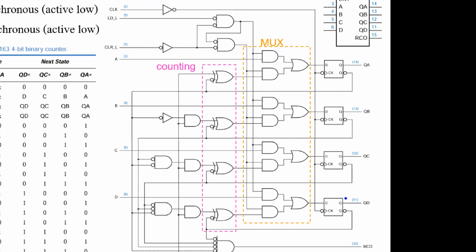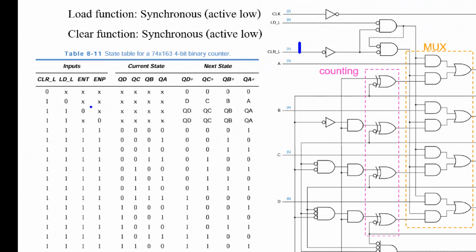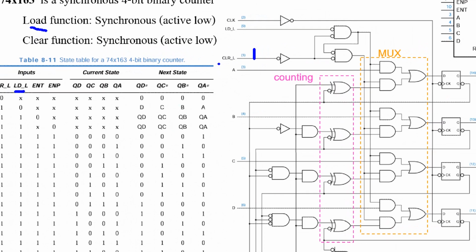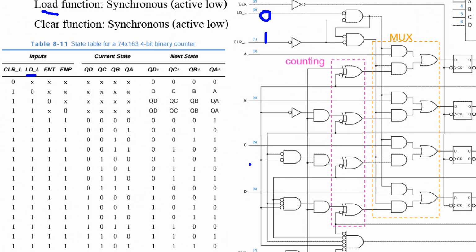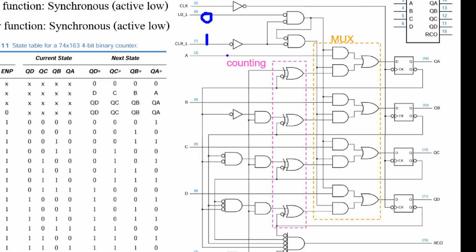Okay, and if clear is 1 and LD is load, the load function, and load is active low. So when load is 0, what happened? When clear is 1, through the inverter, it's 0 here, 0 here, 0 here, then the output is 1. 1 and 0, then this output becomes 0.